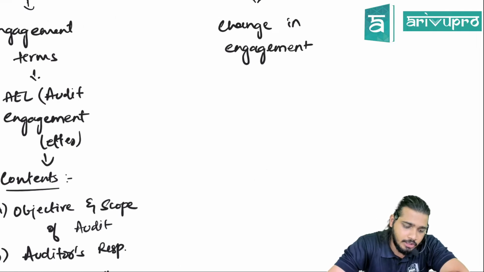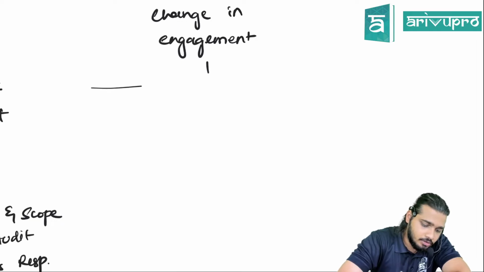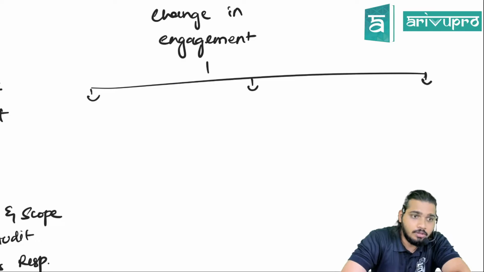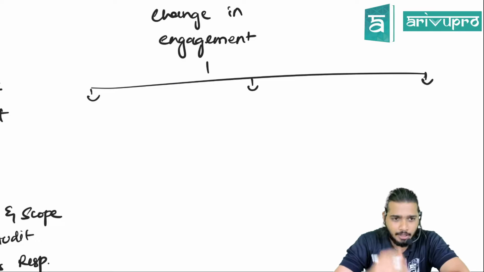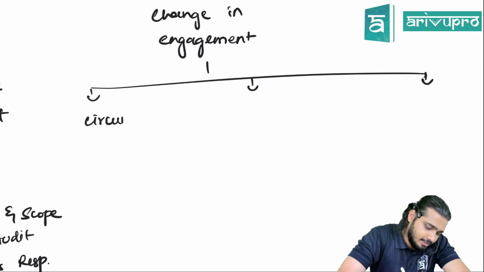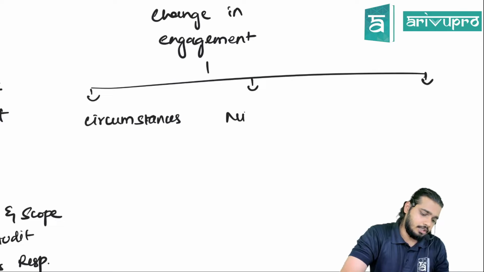Yes. Change in the engagement. Now change in the engagement will be due to 3 reasons. Oh, you are telling sir. I heard sir. First is circumstances. Second one, misunderstanding.